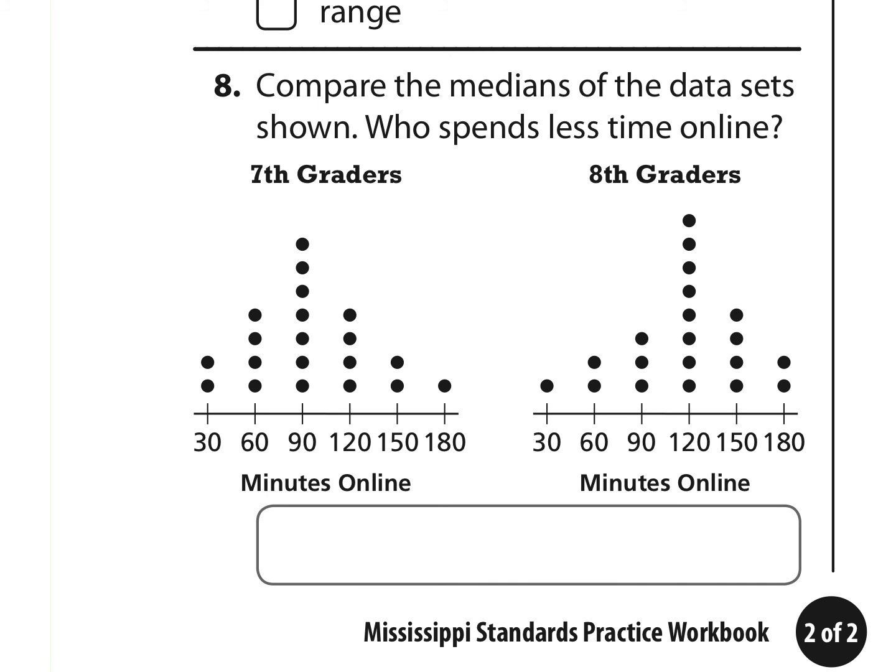Number 8, compare the medians of the data set shown. Who spends less time online? So median just means middle number. They've got to be in order from least to greatest or greatest to least, but it's just the middle number. So if I look over here at the 7th graders, my middle number I could find by just crossing out one on each end.